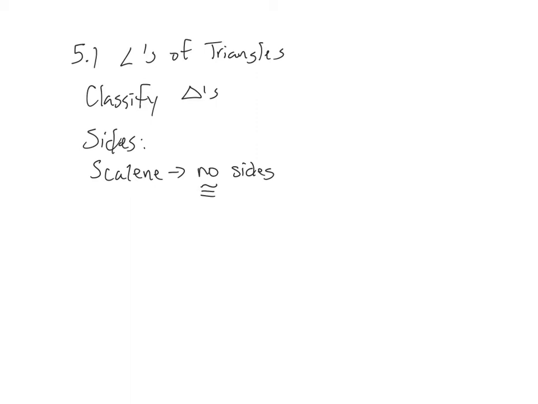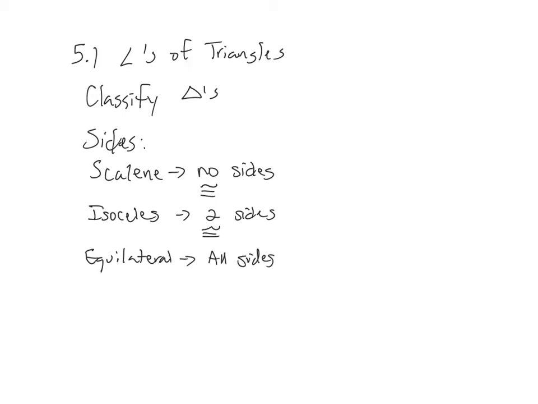Okay, and then we have something called an isosceles triangle, where two sides are congruent, and then we have an equilateral, where all sides are congruent.